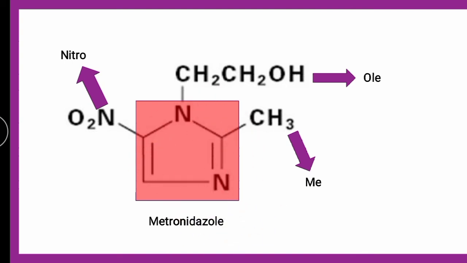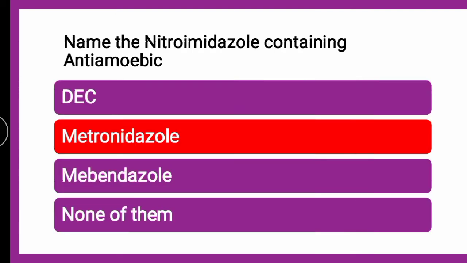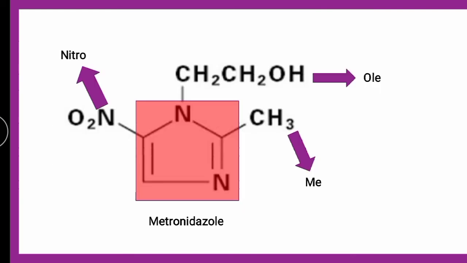So this is metronidazole, which contains nitroimidazole. If you see, this is imidazole and this one is nitro. So on nitroimidazole, substituents are there. One is CH3 and one is ethyl alcohol. So this is metronidazole, which contains nitroimidazole.